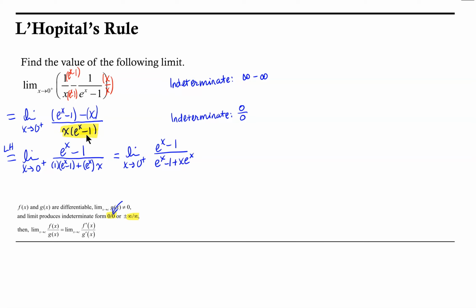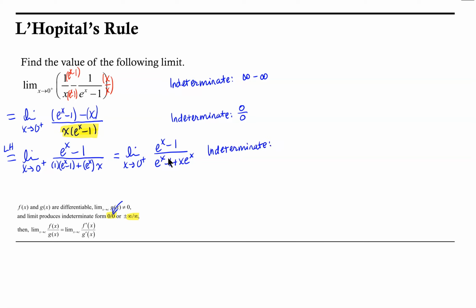Now as we consider this limit, as x approaches 0, we're going to end up with e to the 0, or 1 minus 1, so my numerator will be 0. In my denominator, as x approaches 0, we have e to the 0 minus 1, or 1 minus 1, plus 0. So I have, again, the indeterminate form of 0 over 0.